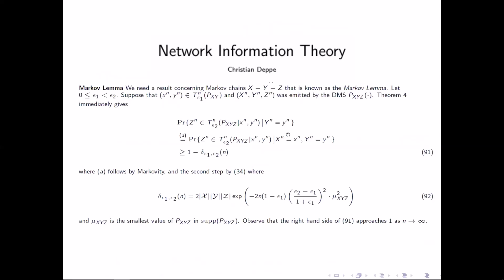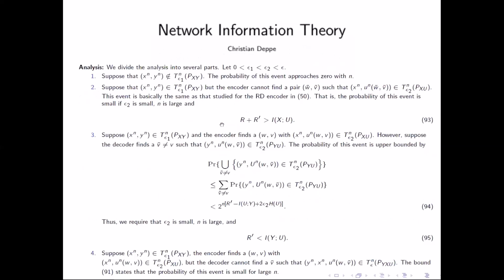And here we know the opposite goes to 1, and therefore this event has to go to 0. So we know that this event goes to 0.